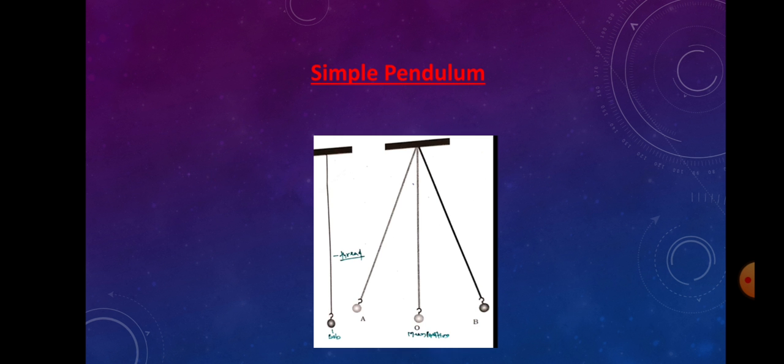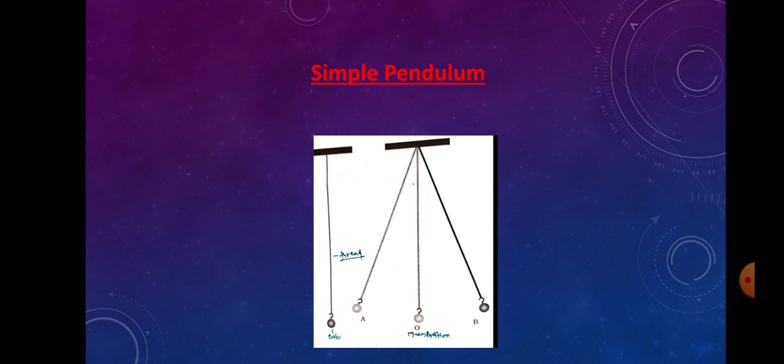As you can see on the screen, in the first pendulum diagram, there is the thread and the bob. The second picture shows the mean position, that is O, and A and B are the positions the pendulum goes to. So it is an example of periodic motion.